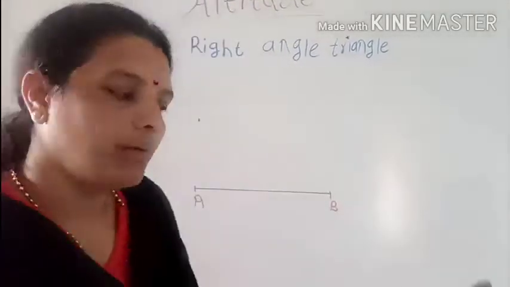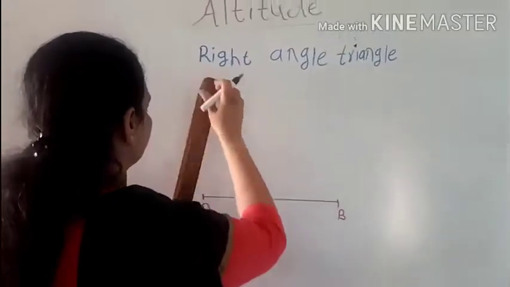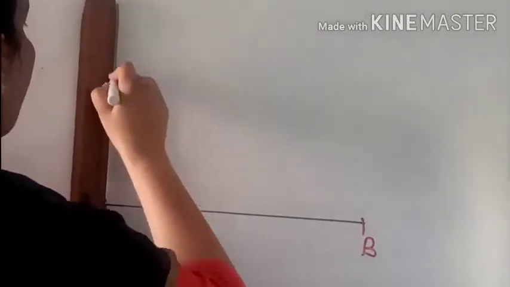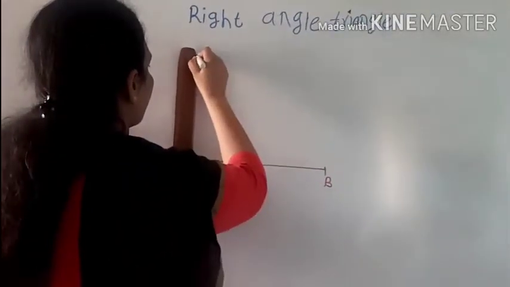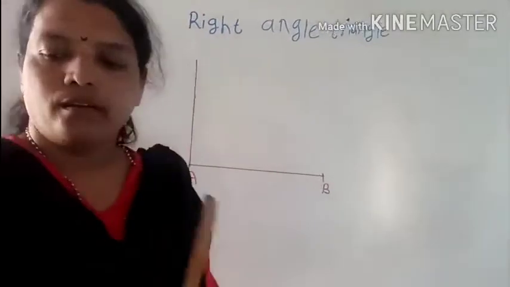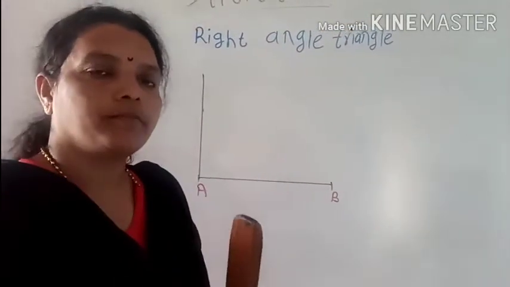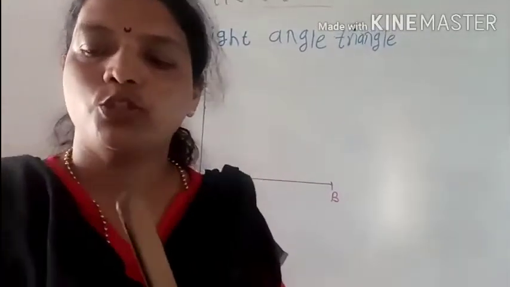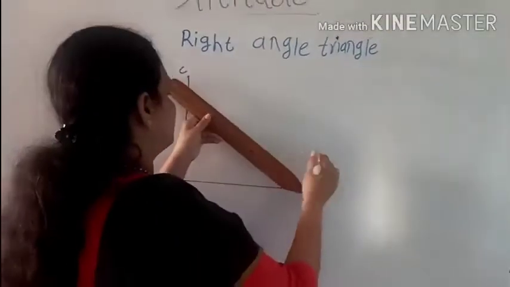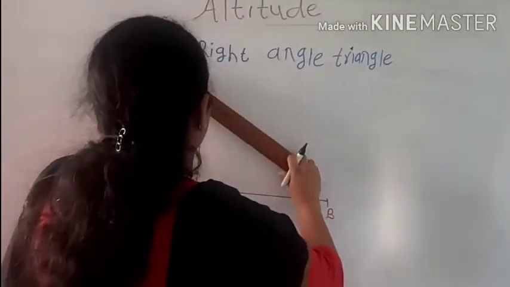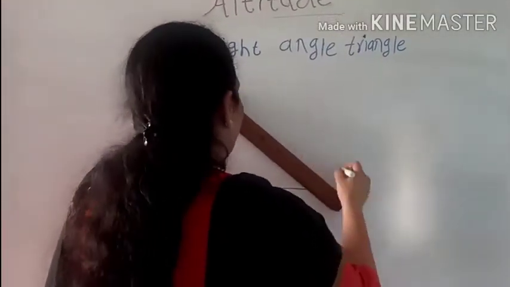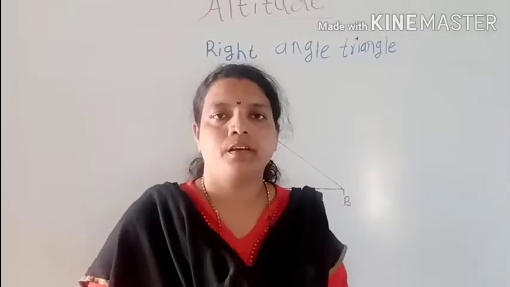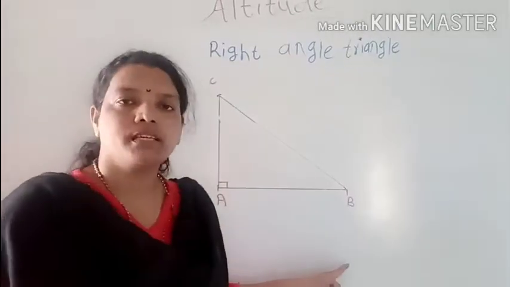Now I will join the mark with the point A. Now this is point C. Now I will join BC. Now our right angle triangle ABC is ready.